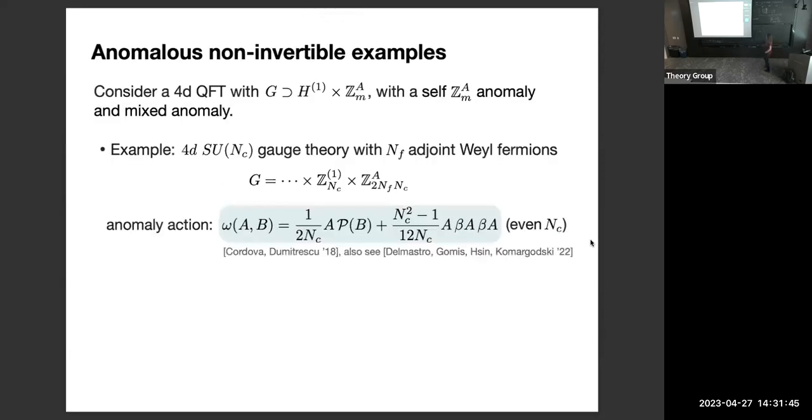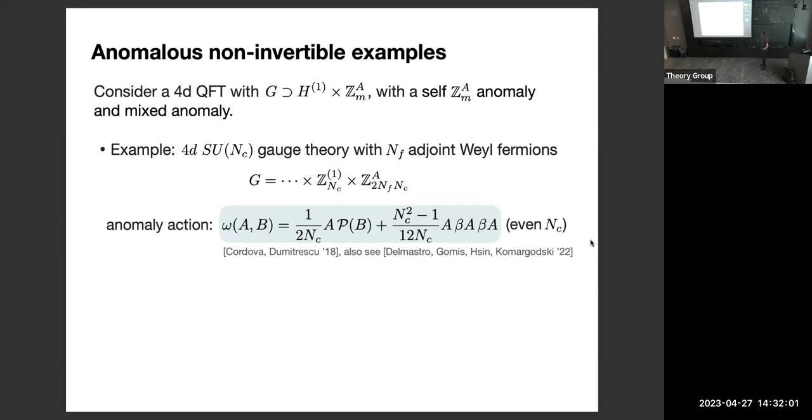So let me give my favorite example. Before, I gave some examples of invertible cases, so only invertible symmetries. So let's construct a non-invertible example.